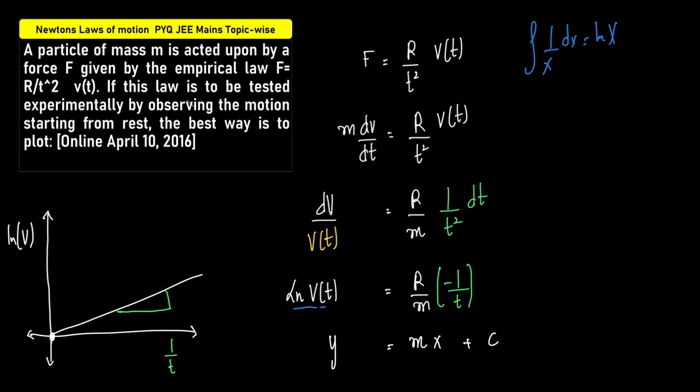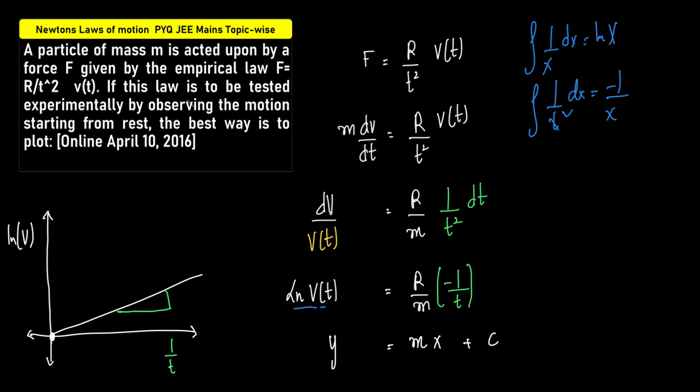And what is the integral of 1 by t square? To be more precise, the integral of 1 by x square dx is equal to minus 1 by x. So instead of 1 by x square, we have 1 by t square, and instead of minus 1 by x, what we get is minus 1 by t.